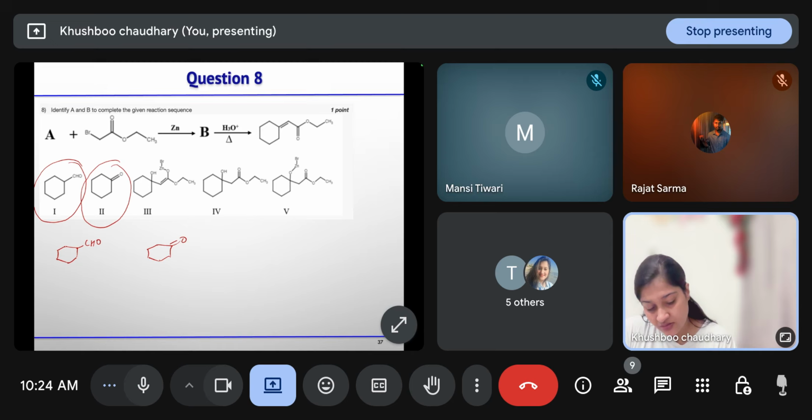First, zinc will react with alpha bromo ester. I'm writing it as R. So, zinc will give electrons to oxygen. This will shift here and this will go. So you will get this OZn+. Then Br negative will react with zinc. So we will get this zinc enolate, OZnBr.